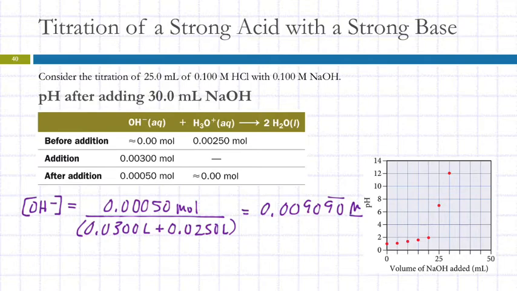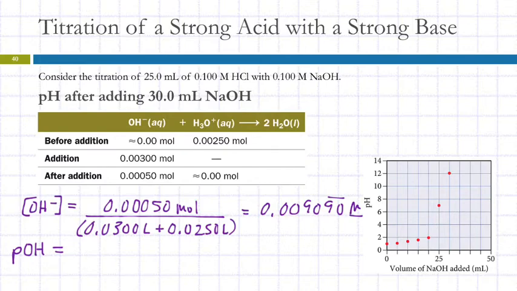We need to find the pH. You can't really do pH directly from hydroxide ion concentration. So this is where the circle of pH comes in. You're on opposite sides, so you've got to go around one way or the other. Personally, I like going through the pOH side to the pH, because then you can just use the 14 minus. So I'm going to find out what the pOH of this is.